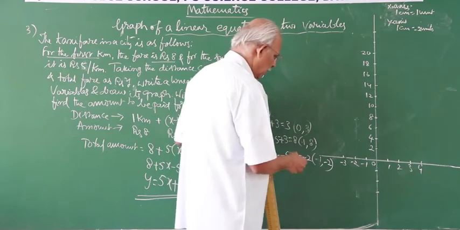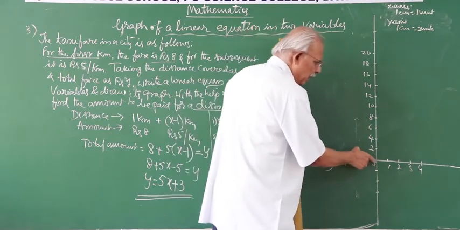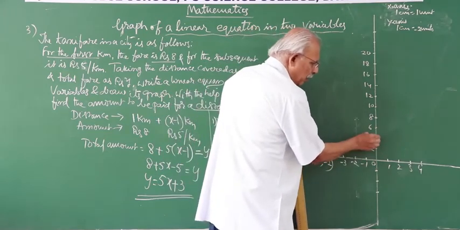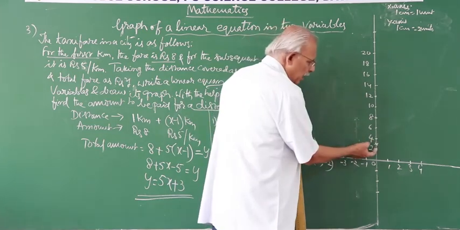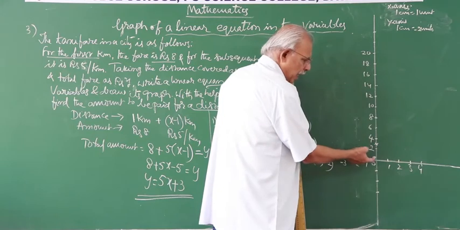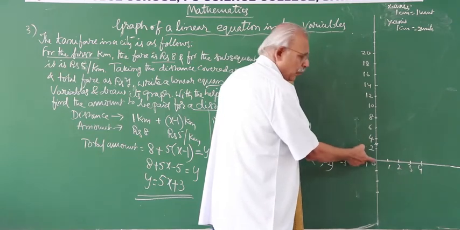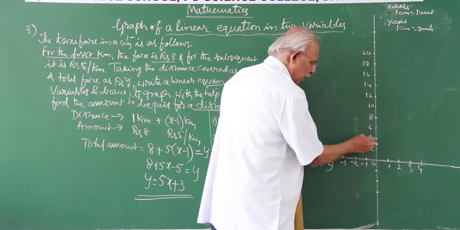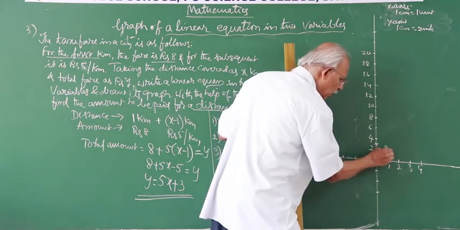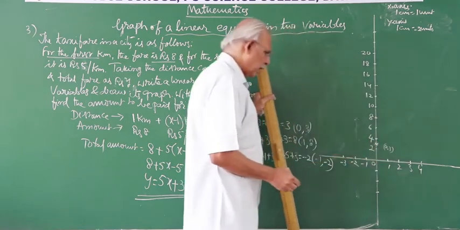0, 3. On the x-axis 0, y-axis 3, where is it again? Between 2 and 4 there is 3. This is 0, 3.